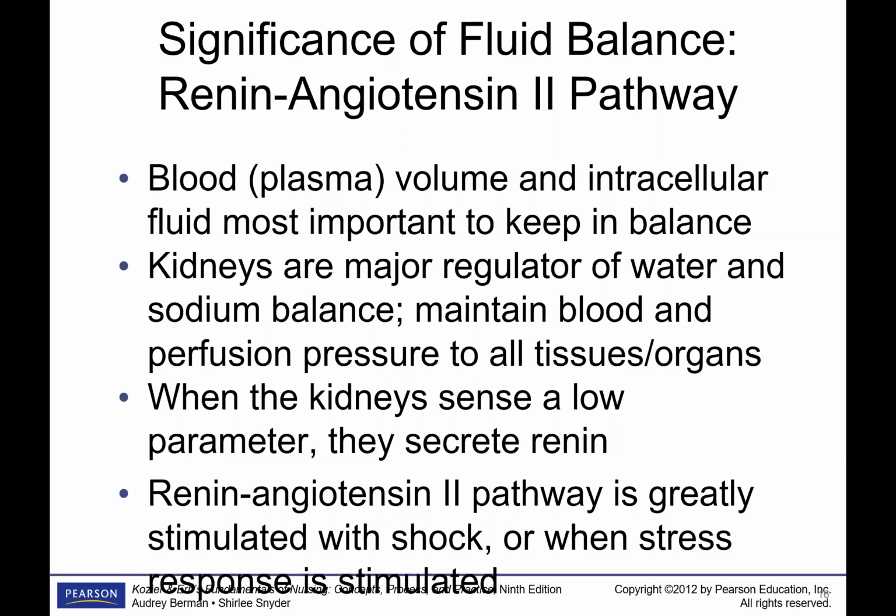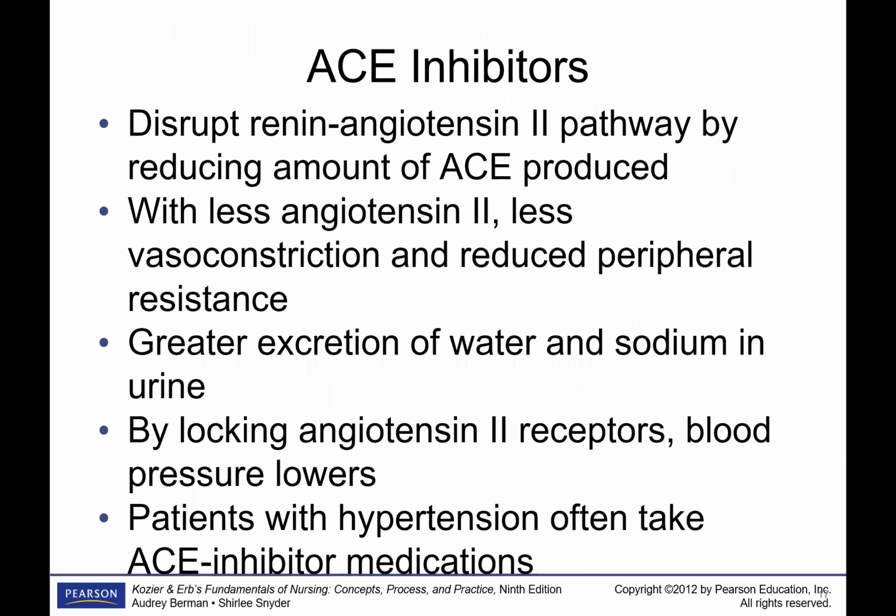So it is stimulated when in shock or when there's a stress response as well. And then remember that I'm going to go through the whole pathway again here in just a moment. But remember also that ACE inhibitors, so when we talk about blood pressure and things, those ACE inhibitors disrupt the renin-angiotensin 2 pathway, reducing the amount of ACE that's produced.